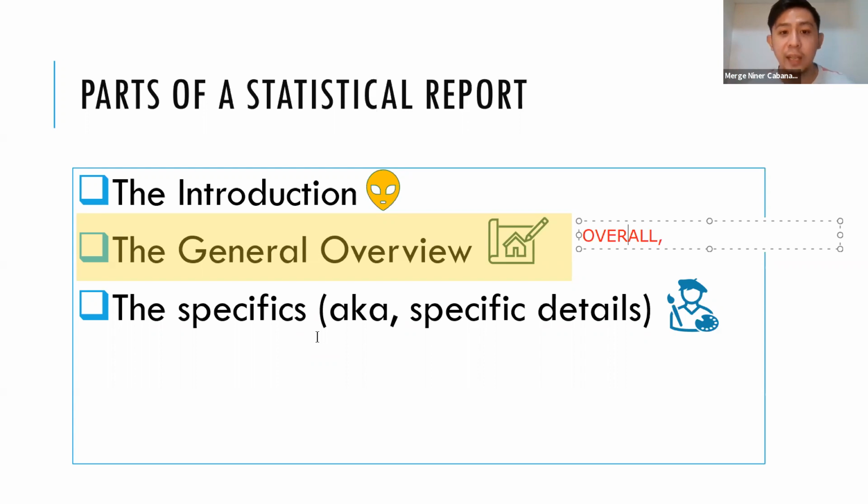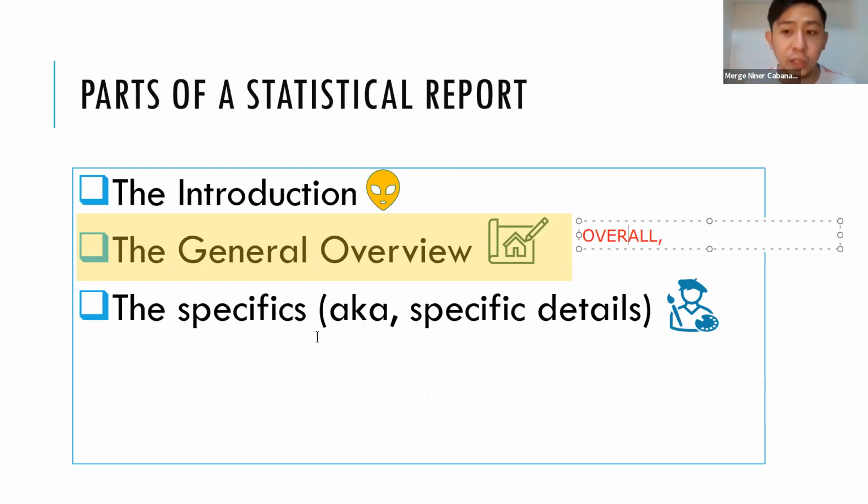I am repeating myself once again, all right? It doesn't mean that we have 3 parts of your writing task 1, that your number of paragraphs will only be 3, because your specific details will be composed of a minimum of 2 paragraphs and a maximum of 3 paragraphs.